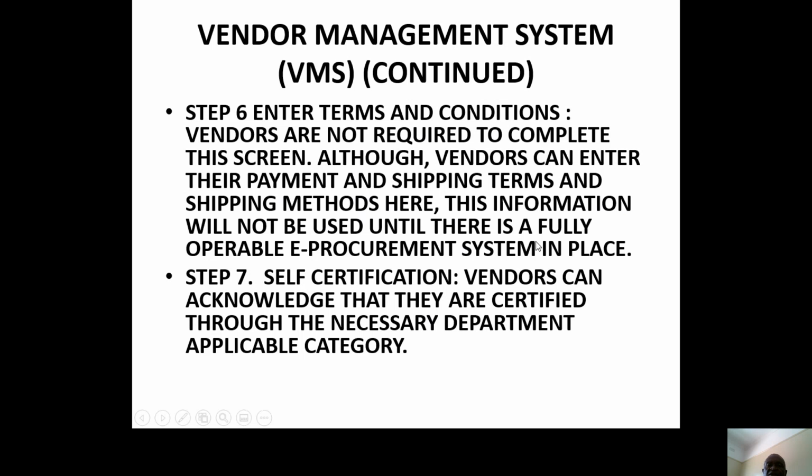This information will not be used until there is a fully operational e-procurement system in place. So if you don't have a fully e-procurement system, then this will not be useful. Step 7, self-certification. Vendors can acknowledge that they are certified through the necessary department applicable category.